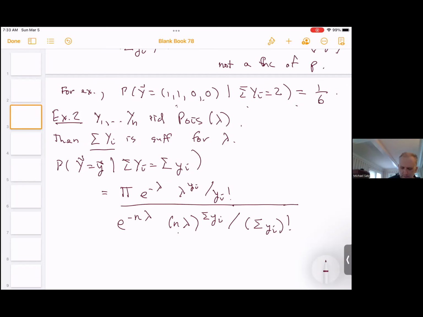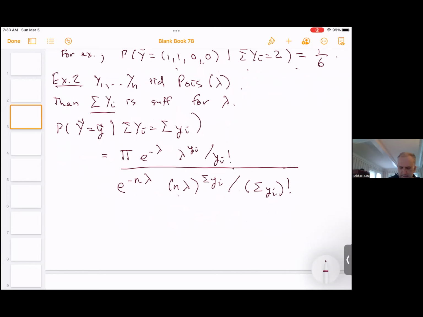Well, you can see this will cancel here, this will cancel here. So we're done basically. So let's just write this out. This all cancels up here, right? So I just have on the top not very much, right? This comes up to the top, and this goes down to the bottom. So I just have the sum of yi on the bottom.